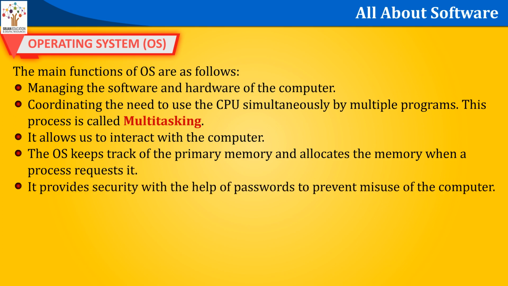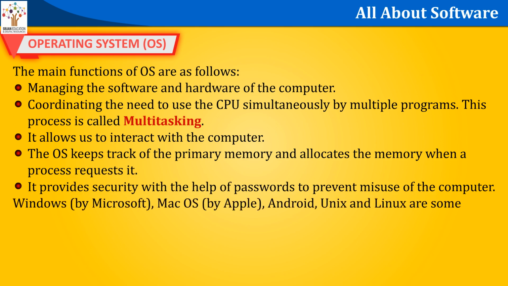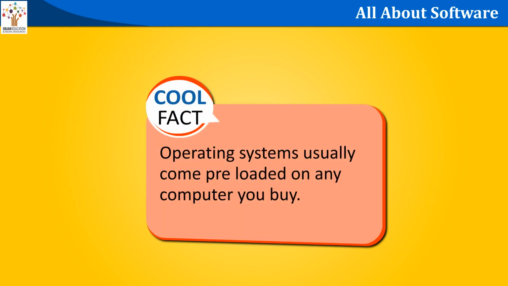It provides security with the help of passwords to prevent misuse of the computer. Windows by Microsoft, Mac OS by Apple, Android, Unix, and Linux are some popular operating systems. Cool fact: operating systems usually come preloaded on any computer you buy.